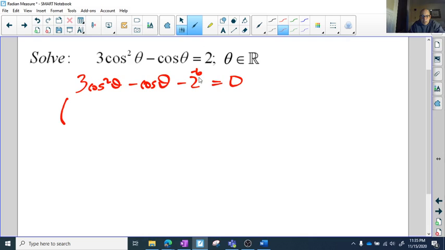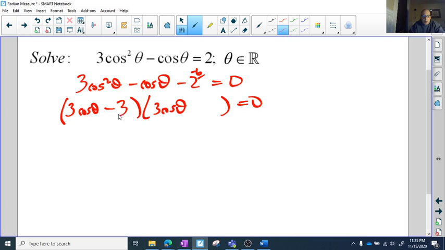Multiply to get negative 6 and add to get minus 1 would be minus 3 and a plus 2. So it's 3 cos theta, it's usually 3m, minus 3, and then 3 cos theta plus 2 equals 0.